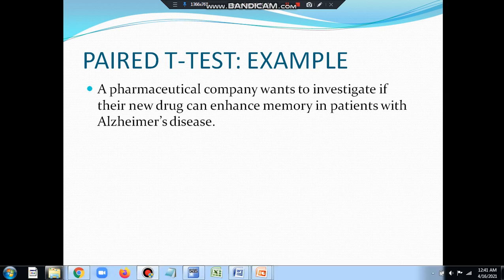In their clinical trial, they recruit a sample of patients. They randomly select a sample of patients with Alzheimer's disease and conduct a study to see if their drug is really effective in improving the patient's memory.